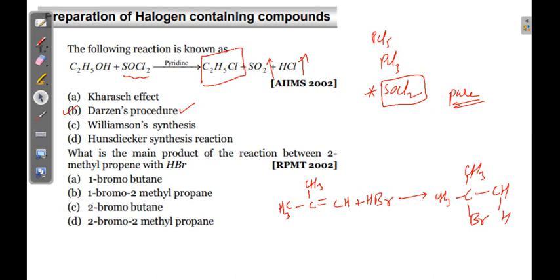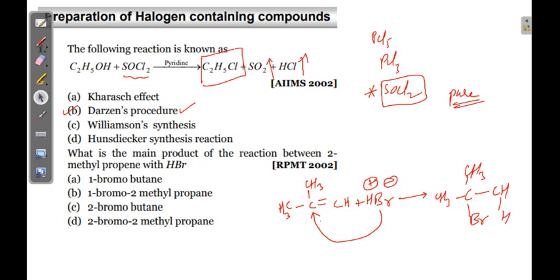So what is the Markovnikov rule? When an unsymmetrical reagent adds to an unsymmetrical alkene, the negative part will attack where fewer hydrogens are present, the more stable carbocation.